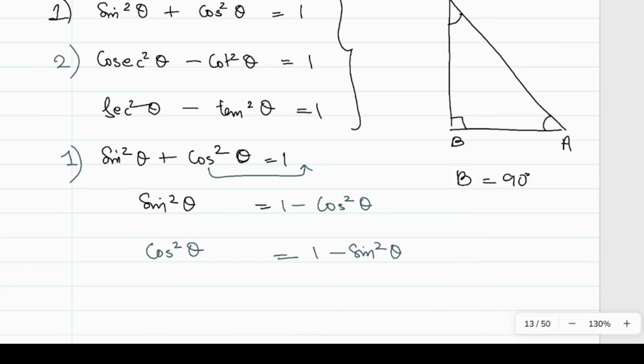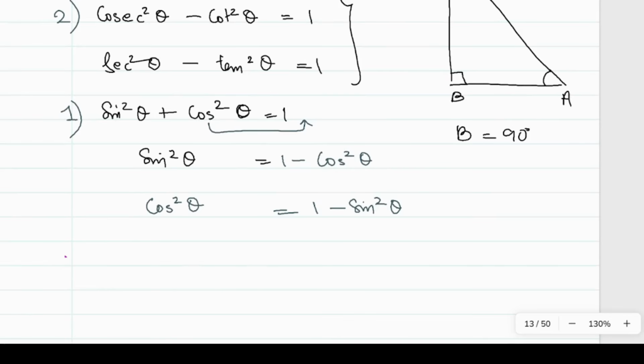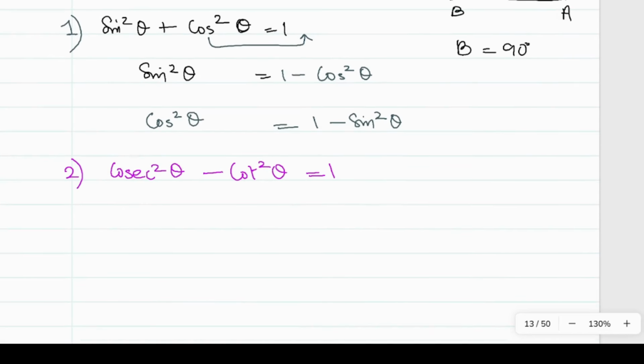And now we have the second equation, right? It is cosec² minus cot² equal to 1. From this equation also we can frame two other equations. First one is the value for cosec²: cosec² equal to 1 plus cot². Why?